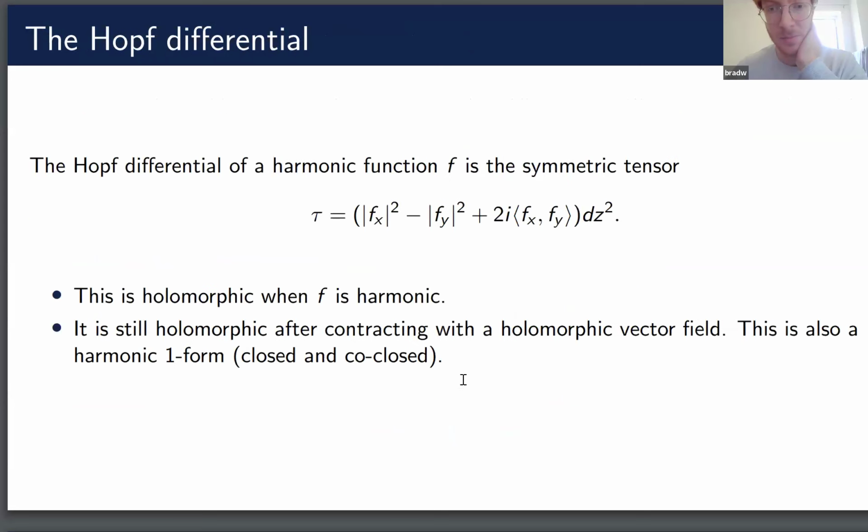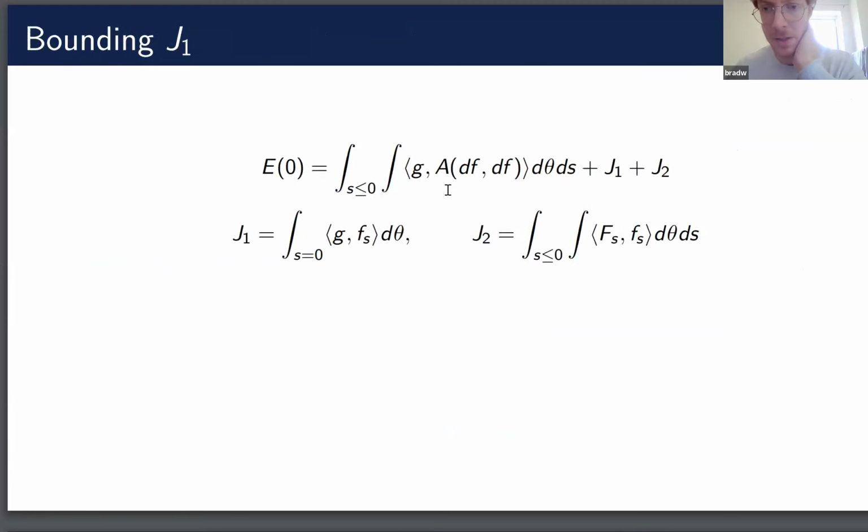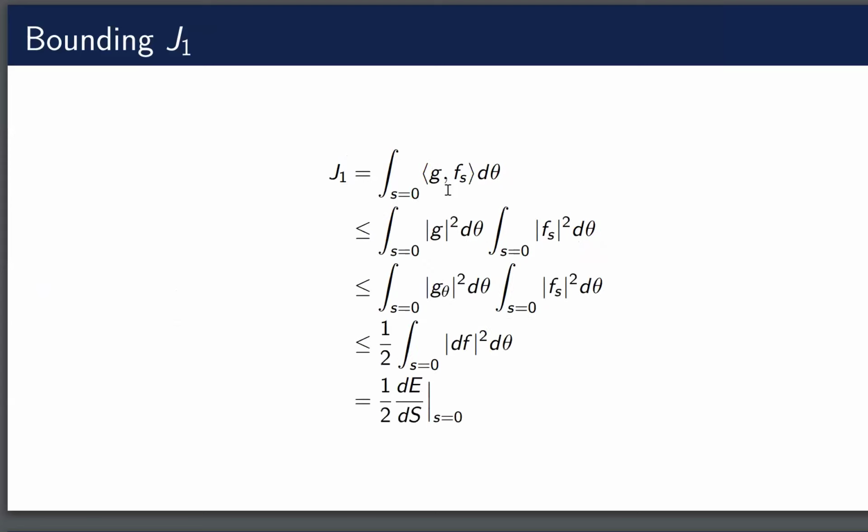Maybe Uhlenbeck didn't explicitly mention the Hopf differential, but implicitly it's used. I guess Donaldson just linked that to some other theory which I didn't really talk about. All right, thank you. No worries.